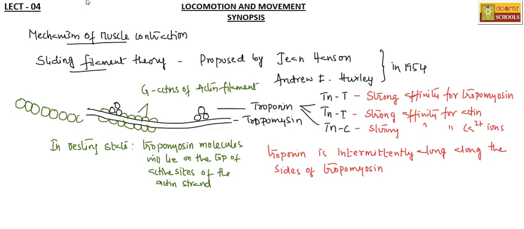This is the actin filament, and the tropomyosin has just moved away, so that now it shows the presence of the active sites. Here are the active sites on these G actins of the actin filament.